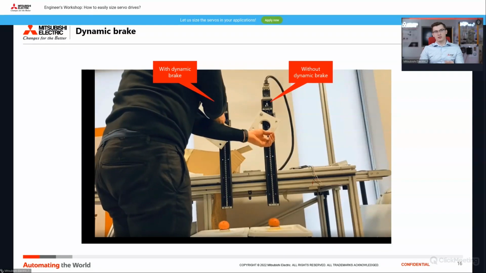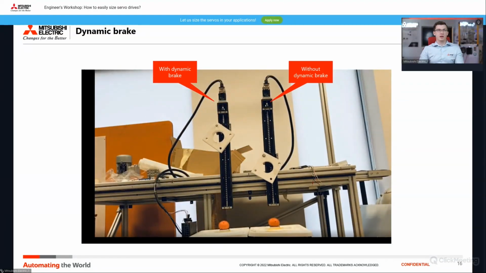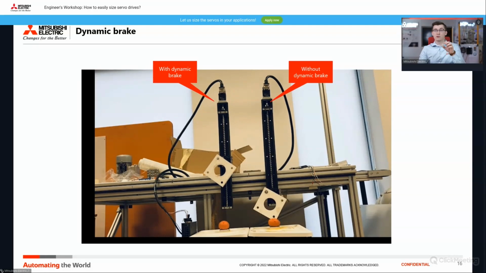It can clearly be seen on the axis without the dynamic brake, because the egg below this axis was damaged. When we look at the axis with the dynamic brake, this axis is still moving, but slowly and slowly. So deceleration is much slower, and because of that, the egg is safe.